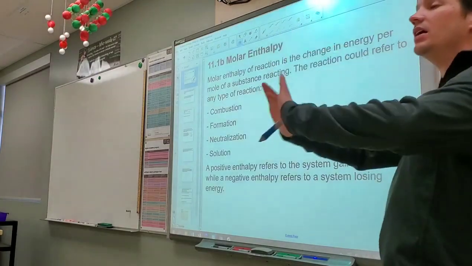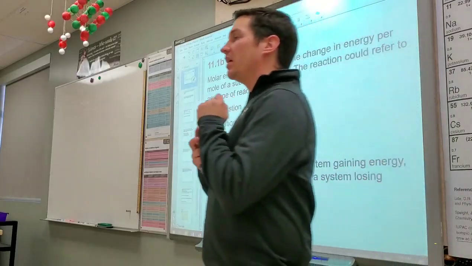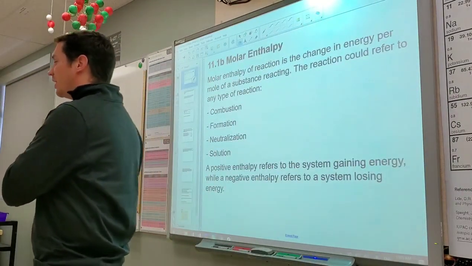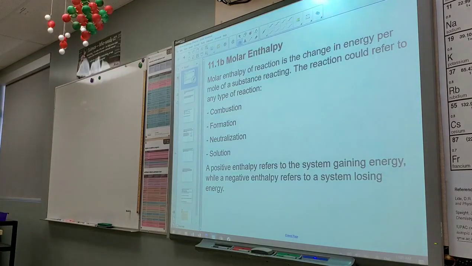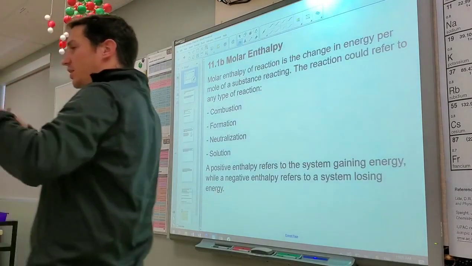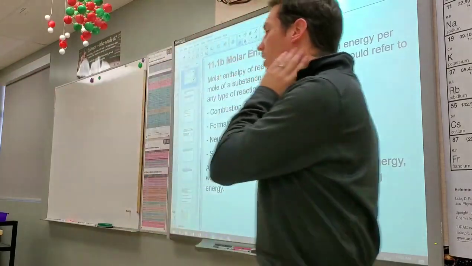The entire idea behind molar enthalpy is it's the exact same thing as molar mass, kind of. Molar mass represents how much mass is in every mole of that substance. But that's a physical property of that substance. It just represents how much mass is being occupied by this many molecules.